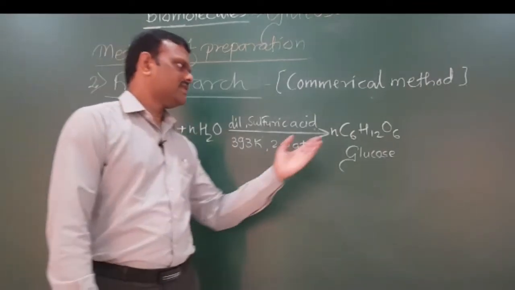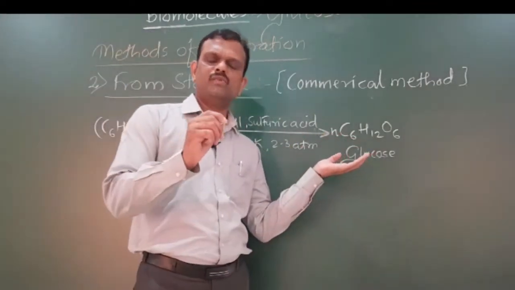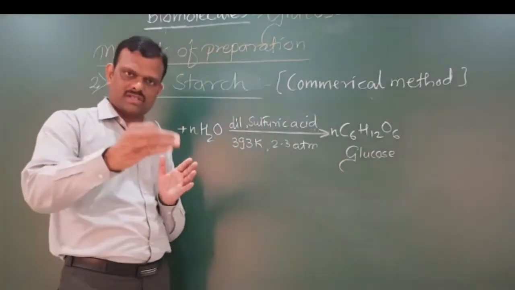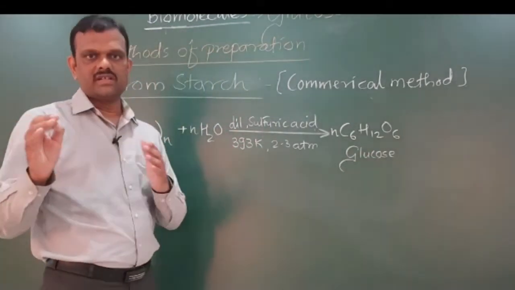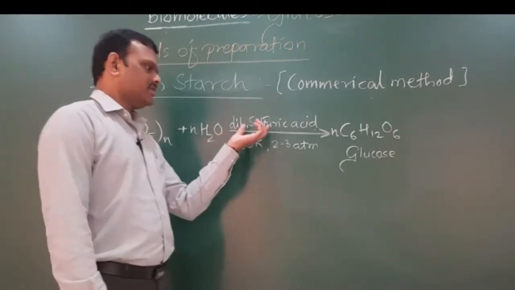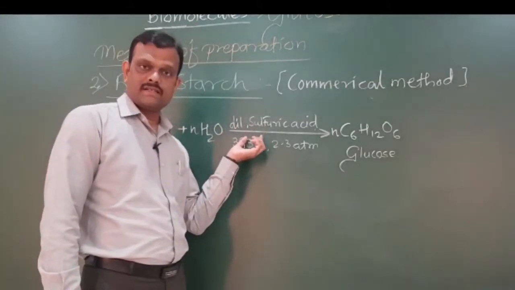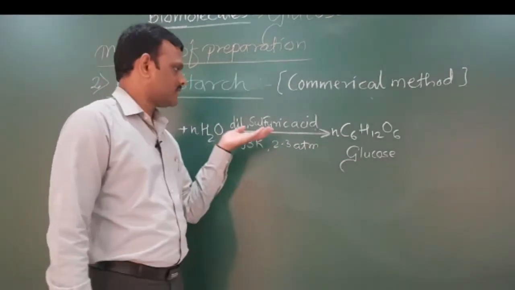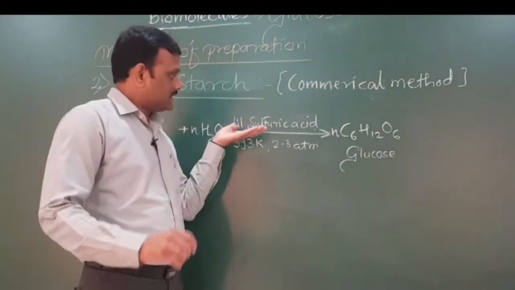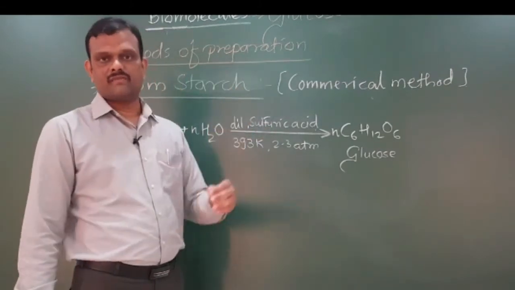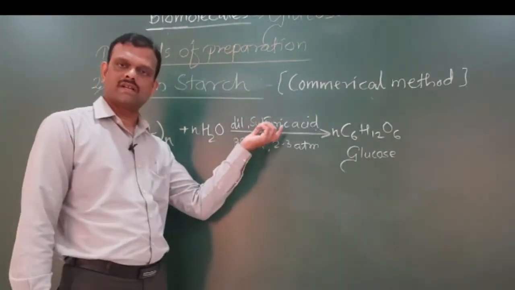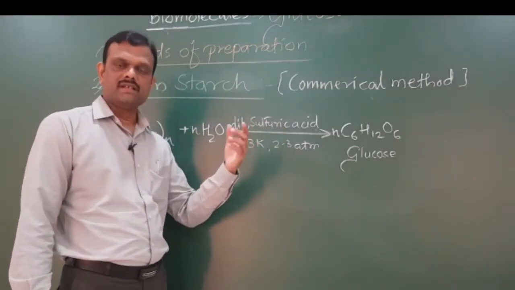Initially this glucose is slightly impure. For that purpose you have to do some more steps which are not mentioned in the book. As you are using dilute sulfuric acid and glucose is an edible product, you have to neutralize the sulfuric acid. For that purpose you have to use chalk powder. That chalk powder neutralizes the excess of sulfuric acid.